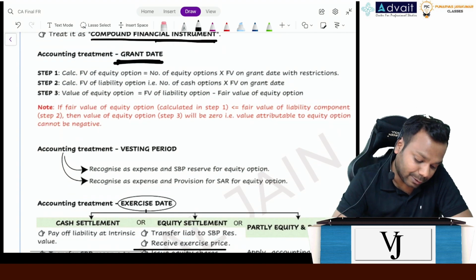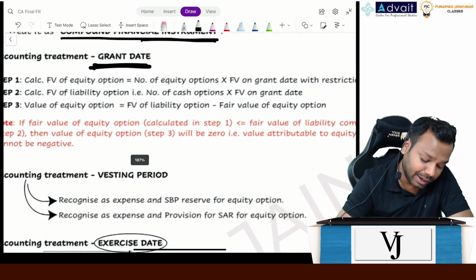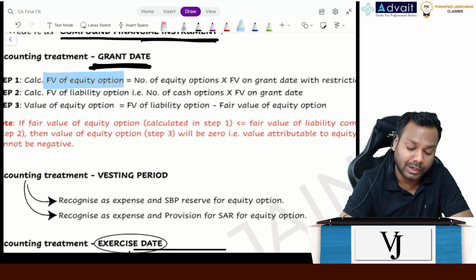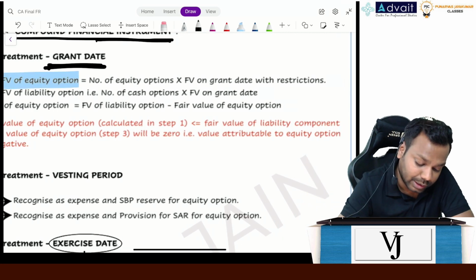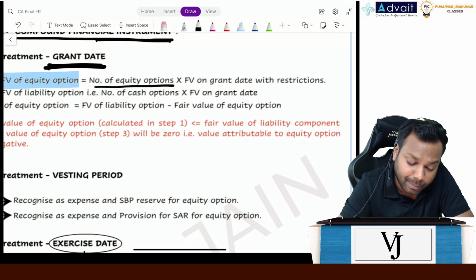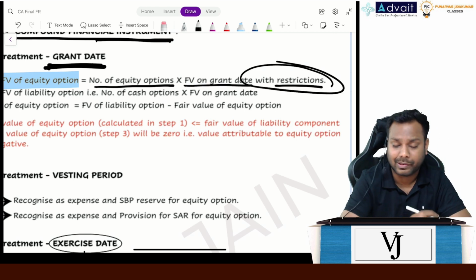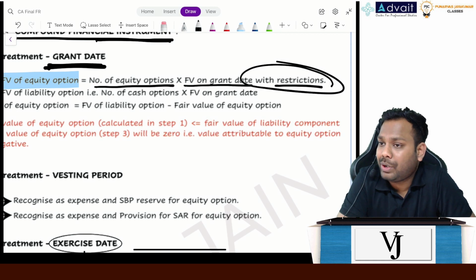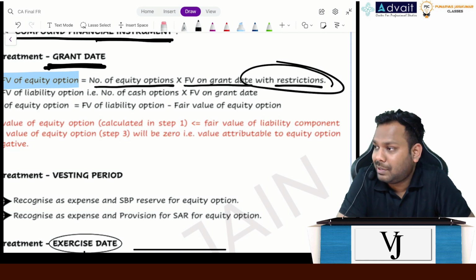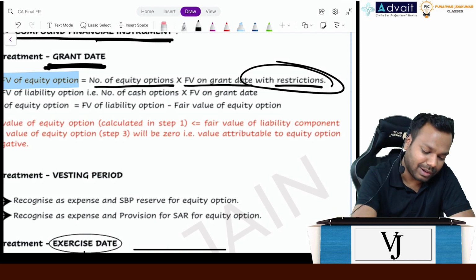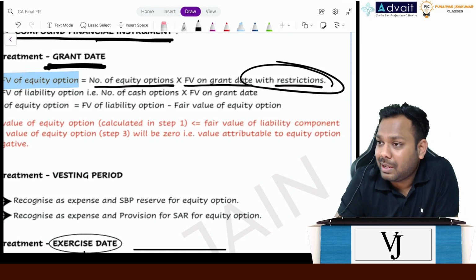Now, what we will do is calculate the fair value of the equity option, which will be equal to the number of equity options multiplied by fair value on grant date with restrictions. Now, why are we writing here with restrictions? Understand, whenever equity is given to the employees, it is given with restrictions. Let's suppose Zomato gave ESOPs to its employees.